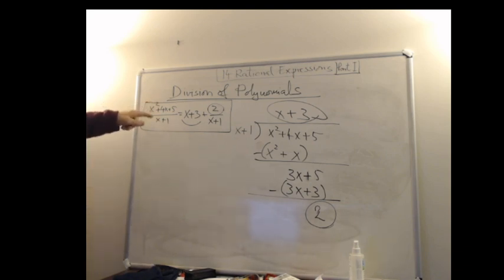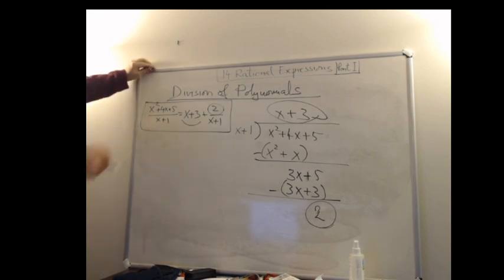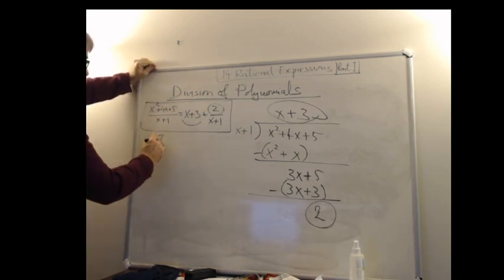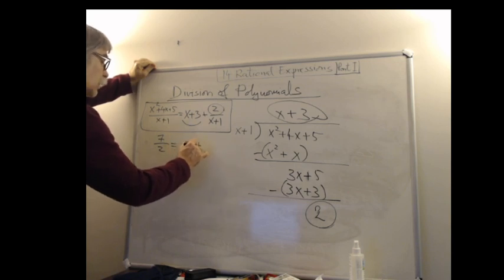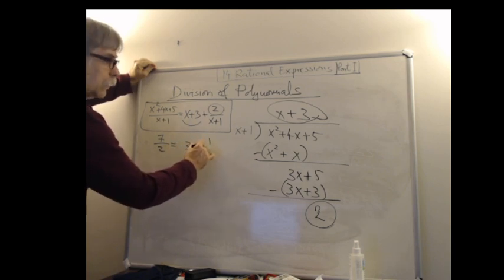Now you can write it like that. Try this. Plug in x equals something, I don't know, 3 here, and calculate. Plug x equals 3 here, you see what you got. It will be the same on both sides. I guarantee you that. You can try it. How else can you write this? Well, this is like 7 divided by 2 is equal to quotient 3 plus remainder 1 half.